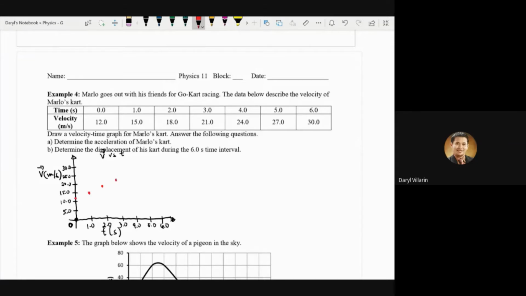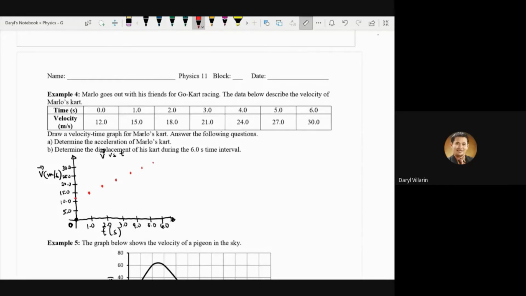At 4 seconds it's 24, just below 25. Again, you can just approximate. At 5 seconds it's 27, and then you have 30 at 6 seconds, okay?